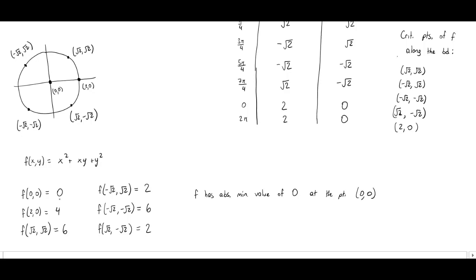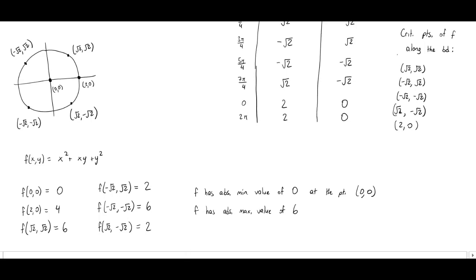And then we can say that f has an absolute maximum value of 6, okay? And that happens at 2 different points. It happens at minus root 2, minus root 2, and also at the point root 2, root 2. Okay. So then that will give me the absolute minimum and the absolute maximum of my function within the region, okay?